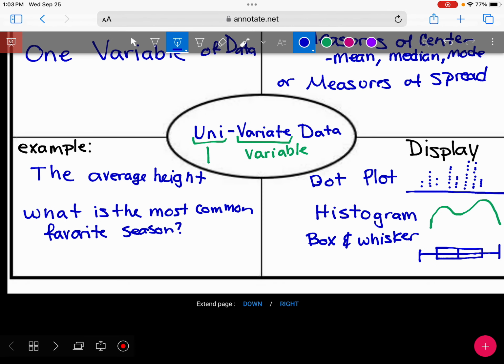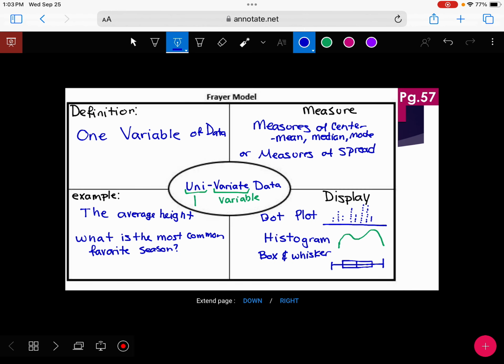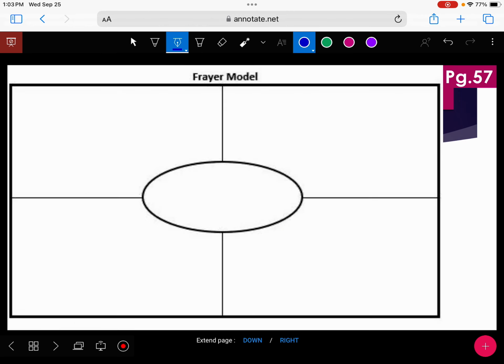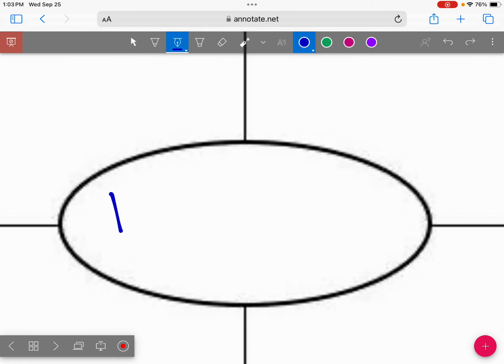So univariate is just looking at one variable. So if we've looked at univariate and we have a whole other Frayer model to fill in, what might we be talking about? If we talked about unicycles and unicorns and univariate, what might another option be? Bivariate data. Like bicycle.